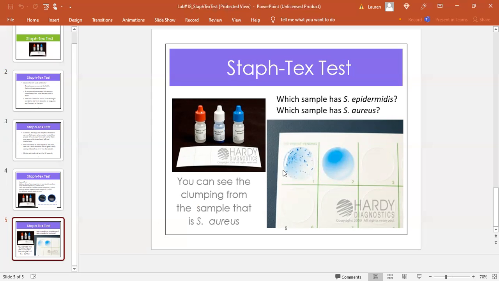Mueller-Hinton, Kirby-Bauer, right? Uh-huh. So unless you do one of those tests, you can't see if a bacteria is necessarily resistant, right? Mm-hmm. So with this one, all you can tell is that it agglutinated, which means that it has protein A and it has coagulase, which means that it's some type of S. aureus.